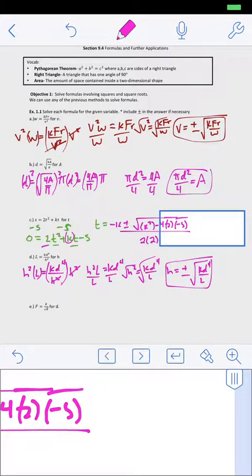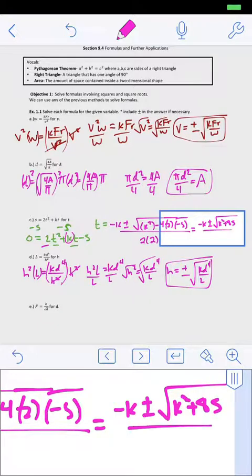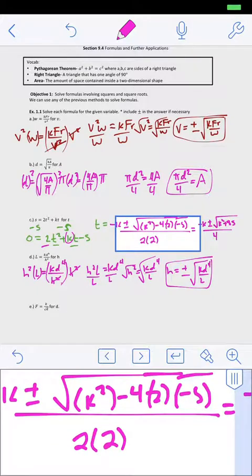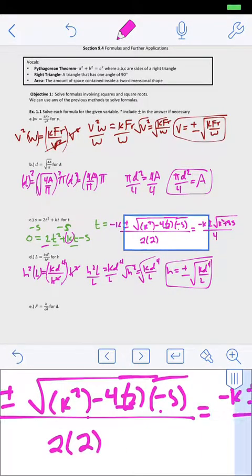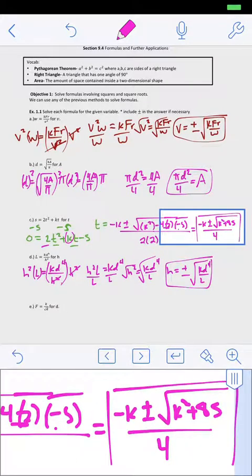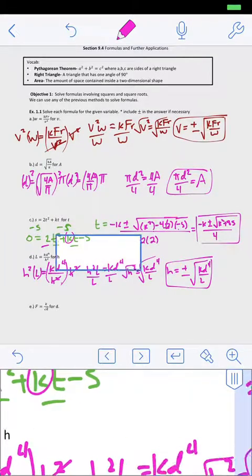Simplify that just a little bit. You get negative k plus or minus the square root of k squared minus negative 8s, all over 4. If we simplify that, 2 negatives become positive, that becomes an 8, that becomes a 4, and that's pretty much as far as we can solve it.